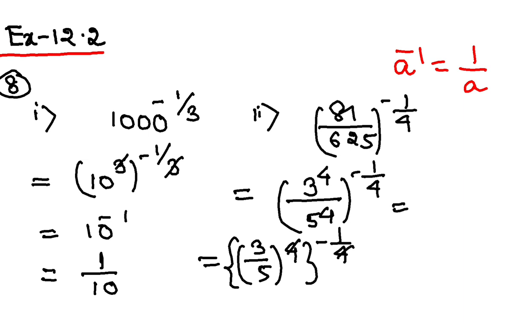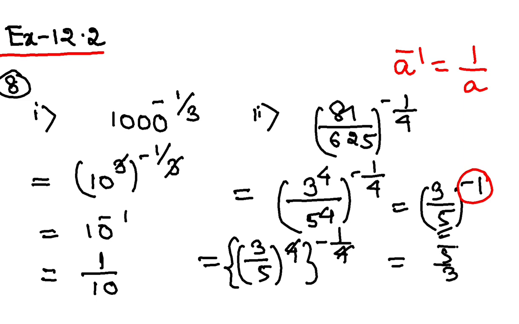So I am left with 3 by 5 whole to the power minus 1. Isn't it? Now this power is negative. If I have to make this power positive, I have to take the reciprocal of the base. So this will be 5 by 3 whole to the power 1 positive. That means 5 by 3. Okay, so this is question number 2.